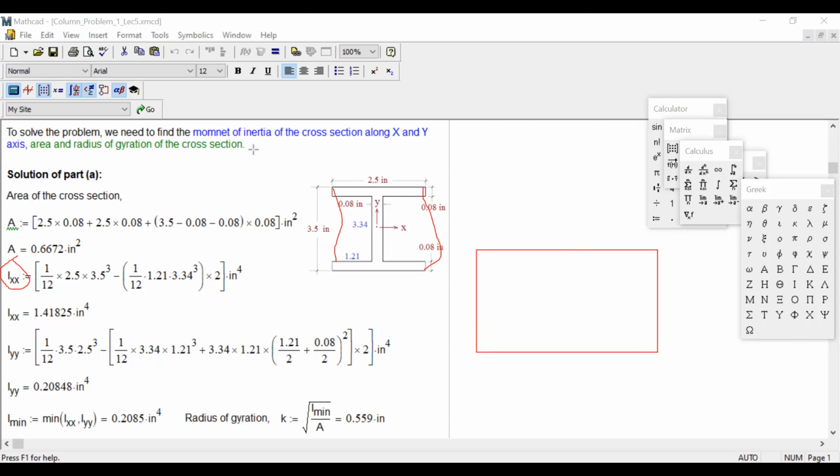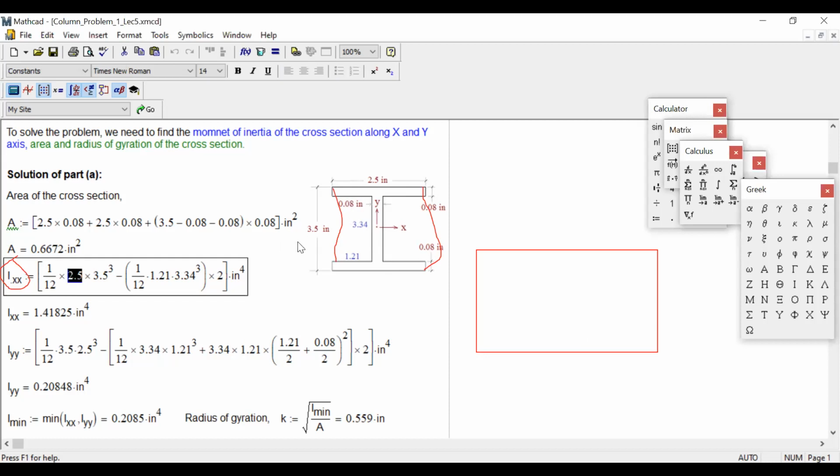So 1 by 12, and what is the B? B is 2.5, and H is 3.5, right? So this one I am taking the whole cross section, but there is some vacuum, right? That means there is no material right over here, no material right over here, right? So we need to subtract this one.